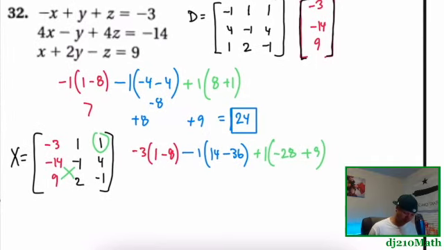Okay. Solving this, we got 1 minus 8, -7 times -3, +21. 14 minus 36, -22 times -1 plus 22. -28 plus 9, -19.